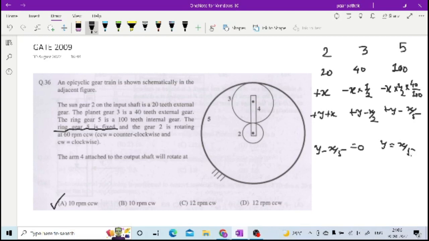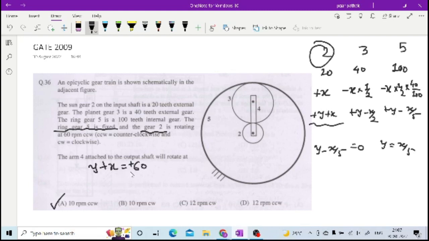And what is x? You have to first derive x from this 60 rpm counterclockwise, this gear 2. So this gear 2 is having this y plus x. So y plus x is equal to 60 counterclockwise, so positive.